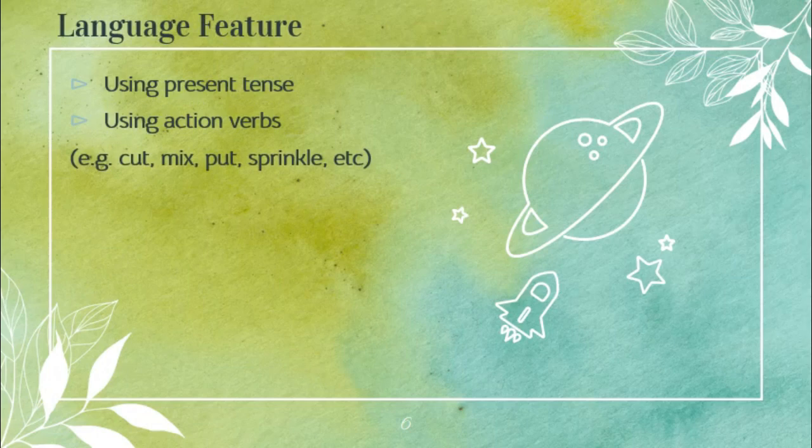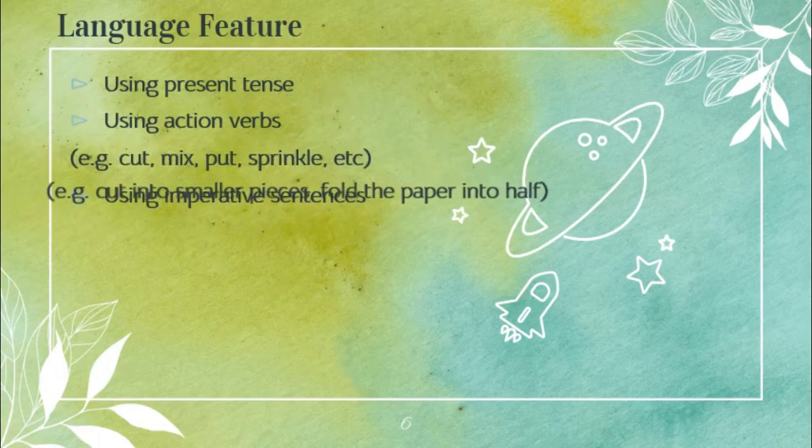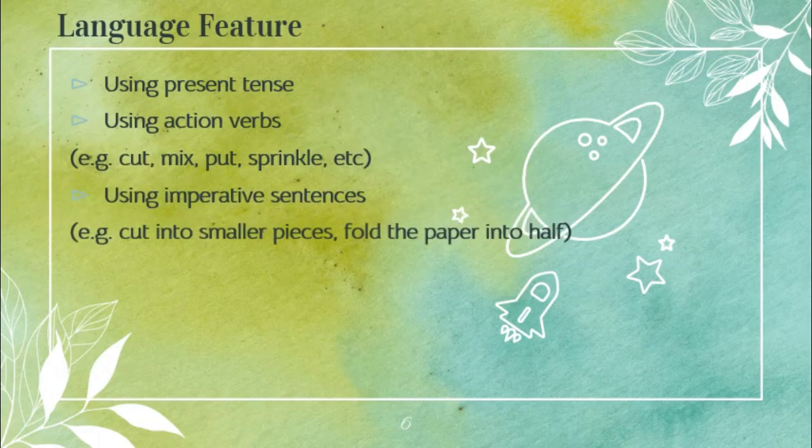Misalnya memotong, mencampur, menaruh, menaburkan. Using imperative sentences, memakai kalimat perintah. For example, cut into smaller pieces. Fold the paper into half. Misalnya, potong menjadi bagian yang lebih kecil. Lipat kertas menjadi 2 bagian.